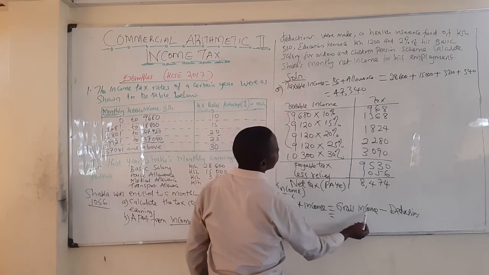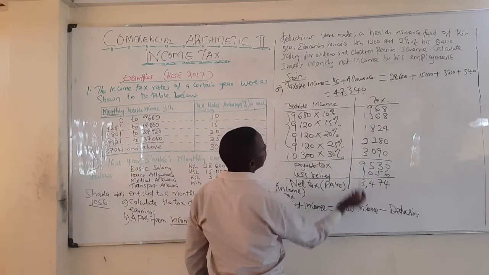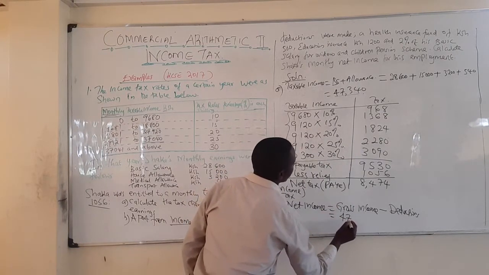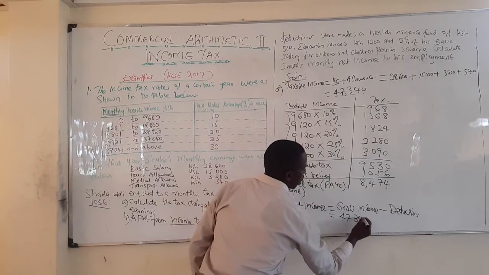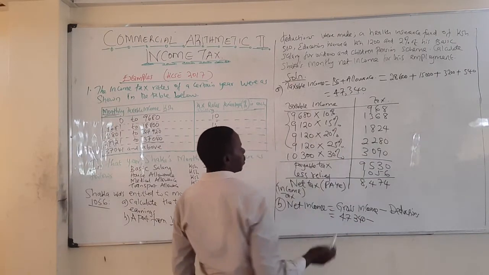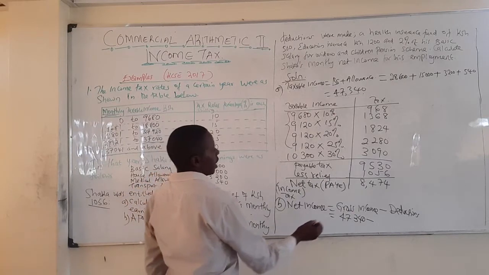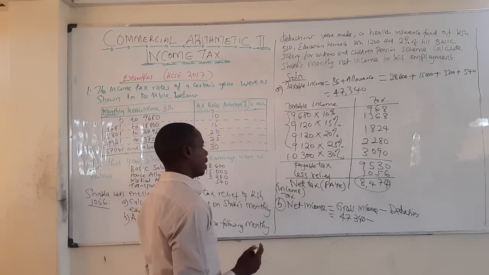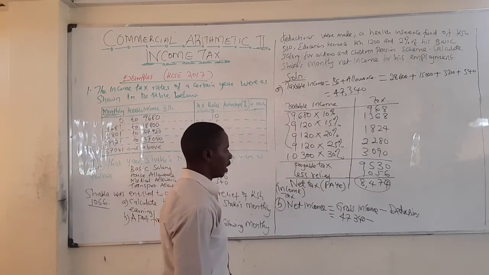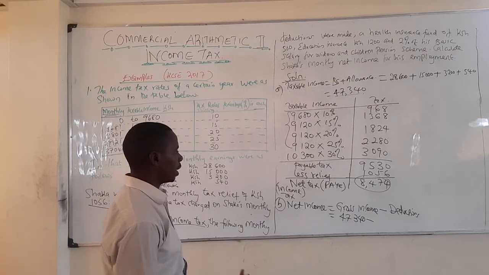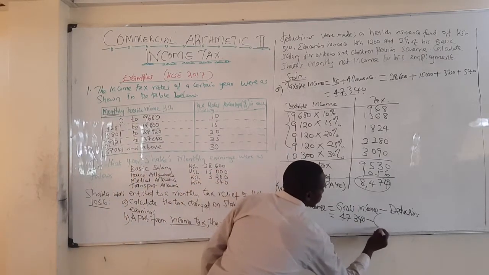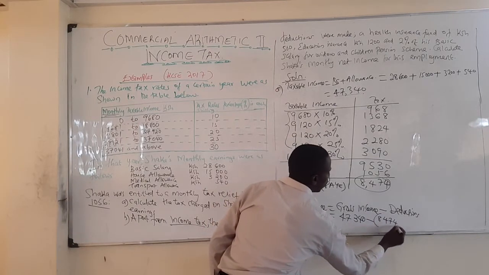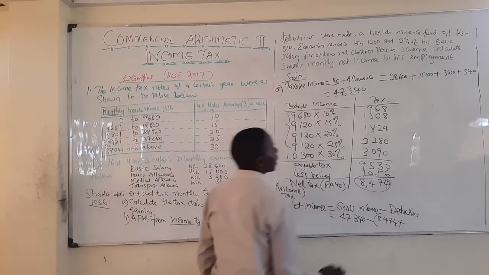So the gross income will be basic salary plus allowances, which in our case here is 47,340, minus deductions. So deductions are going to include the tax. This value here is a deduction because this is the amount of money that the government gets from your income. So deductions will include the tax, that is 8,474.